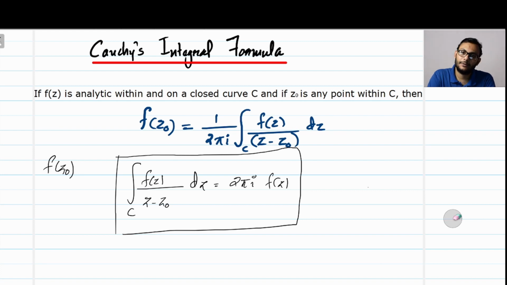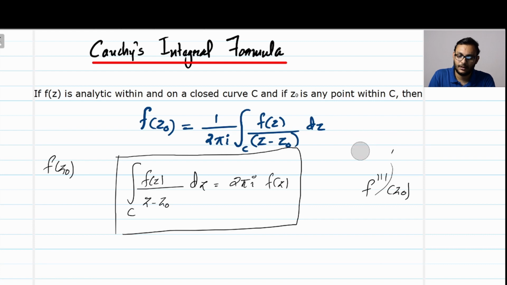There is another application for this integral formula, that is we can find the derivatives of a function at a point. For example, if we want to find f dash of z0, we can use the modified Cauchy's integral formula for that. Or if we want to find the third derivative of f of z at z equal to z0, then also we can use the general formula of Cauchy's integral formula in order to find these calculations.